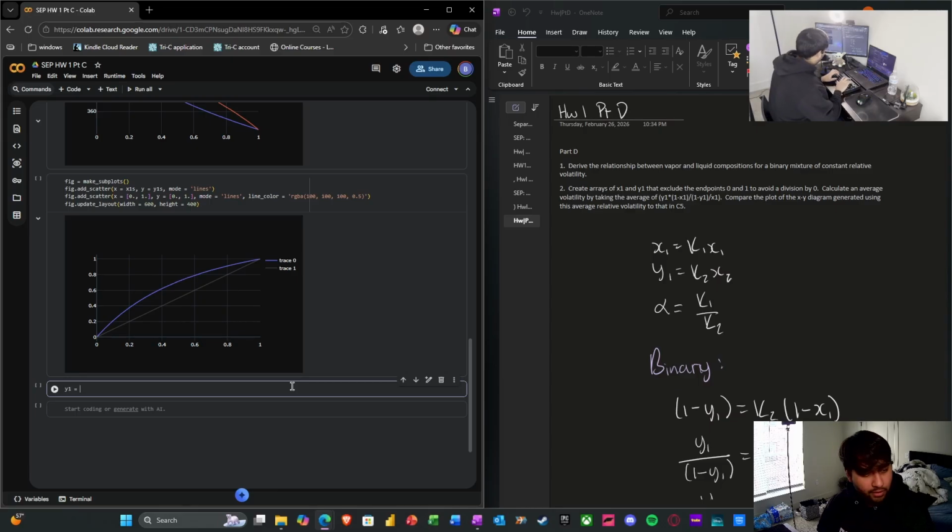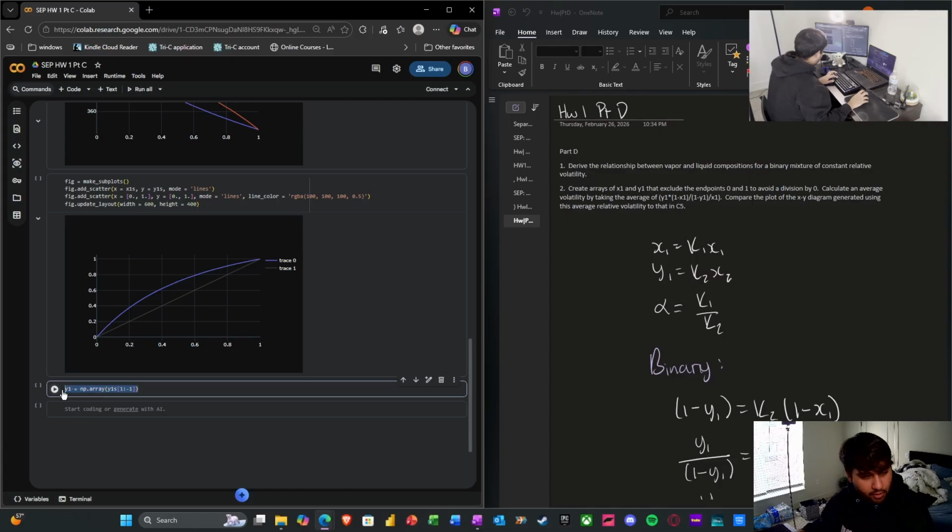So we're going to have y1 equals np dot array, and we're going to have our y1s values, our vapor coefficient values, and we're going to have 1 minus 1, and this just essentially takes out that first value in the data set of the array.